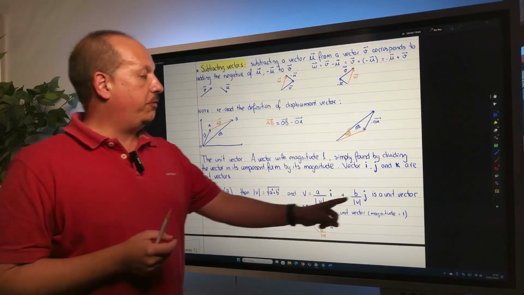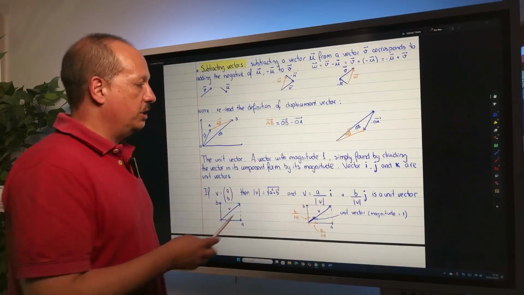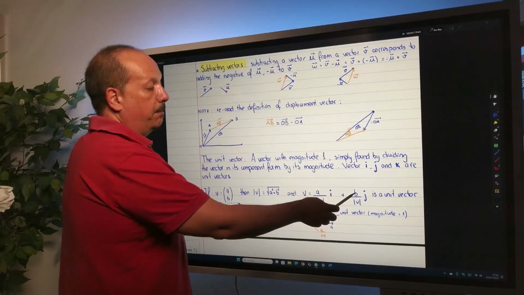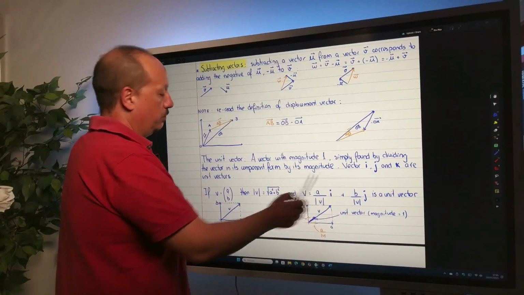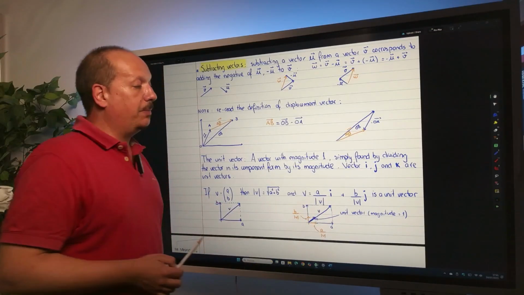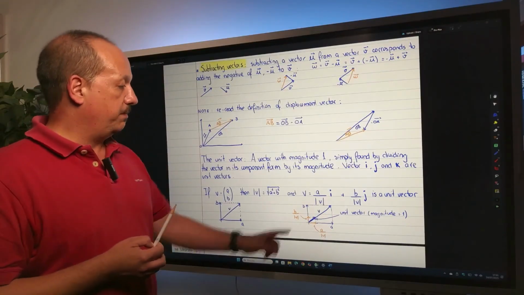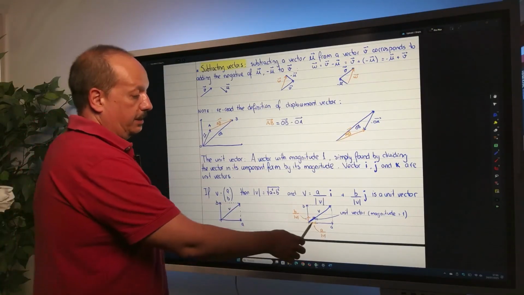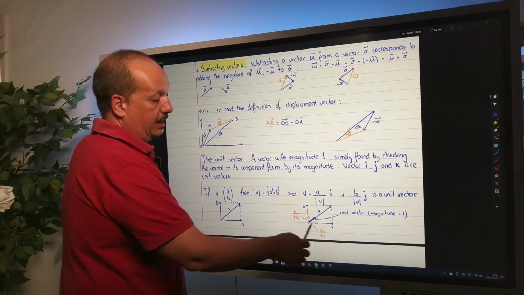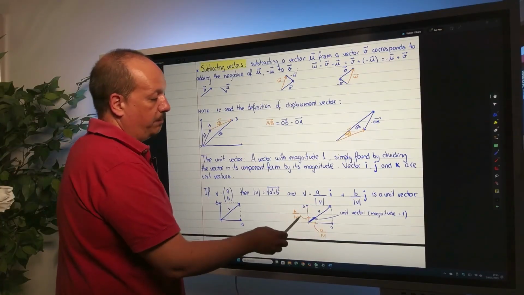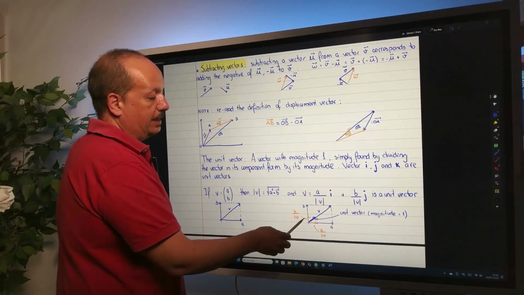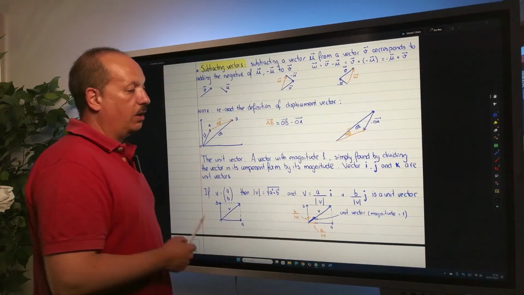And the unit vector j in the y direction is going to be the component of the vector, which is b in this case, divided by the magnitude of the vector represented over here. This would be the outcome of dividing a by the magnitude of the vector. This would be the outcome of dividing b by the magnitude of the vector.